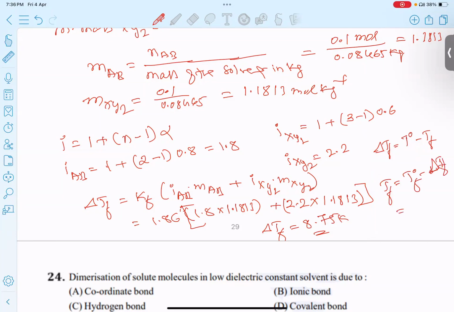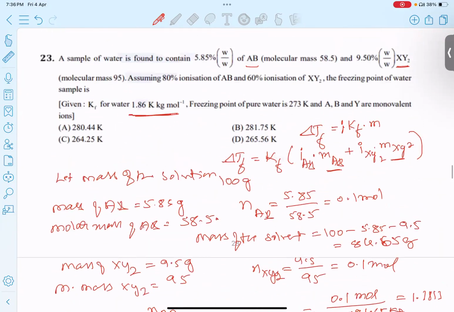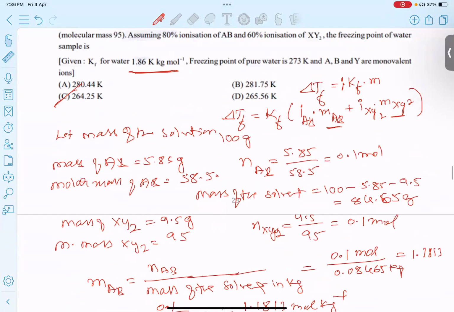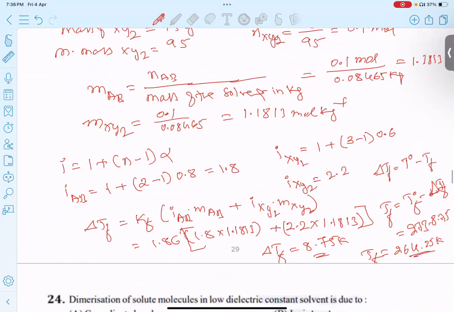T naught F is given, that is 273 Kelvin. Delta TF value is calculated, that is 8.75 Kelvin. So the freezing point of the solution is 264.25 Kelvin. The answer is 264.25 Kelvin. Correct option is C. So now let us move on to the next question.